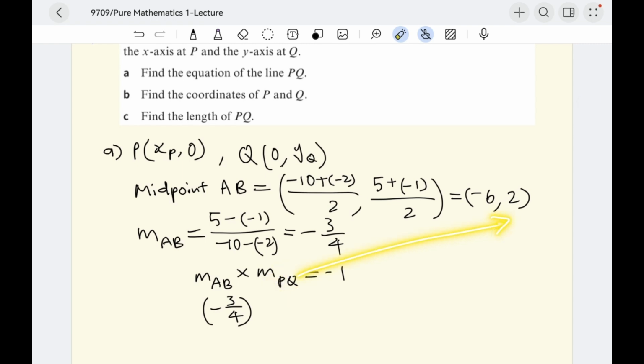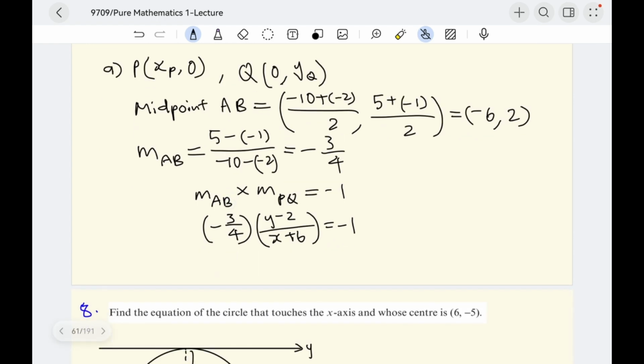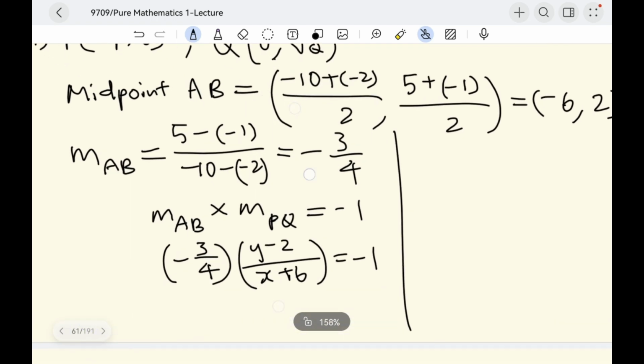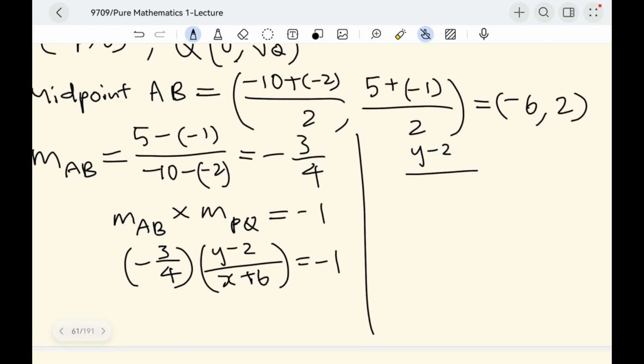The line PQ also passes through the midpoint of AB. So I have y minus 2 over x minus -6, which I just write as x plus 6, equals 4 over 3, since the two negatives cancel.